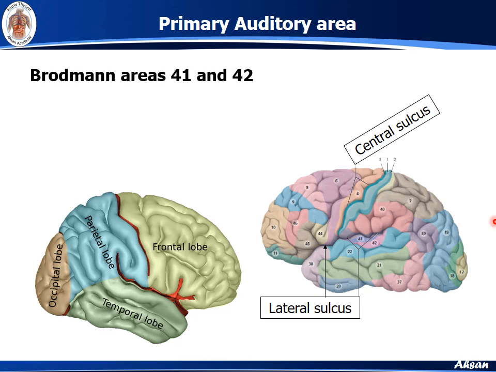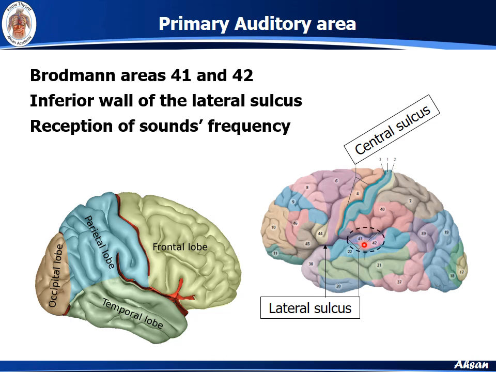The primary auditory area is Brodmann areas 41 and 42. This is the part of the lateral sulcus behind the central sulcus, and the lower lip of this area contains areas 41 and 42.